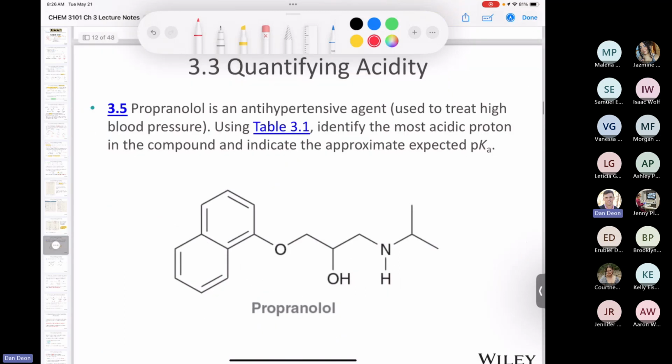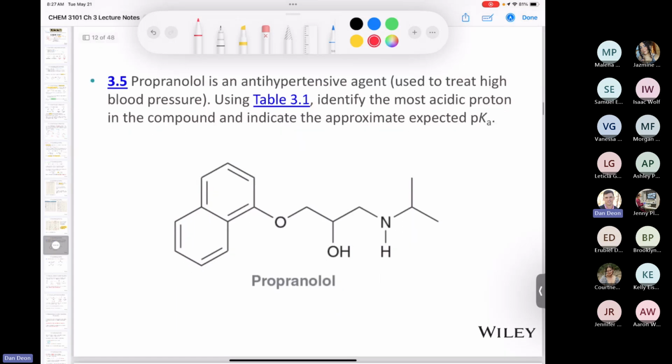So let's see if we can take a look at this molecule as a beta blocker, propranolol. It's an antihypertensive agent, so it's used to treat hypertension or high blood pressure. It says identify the most acidic proton in the compound. Now, before you get into it, we're like, oh no, I have to look at every proton in the universe. Well, not really, okay?